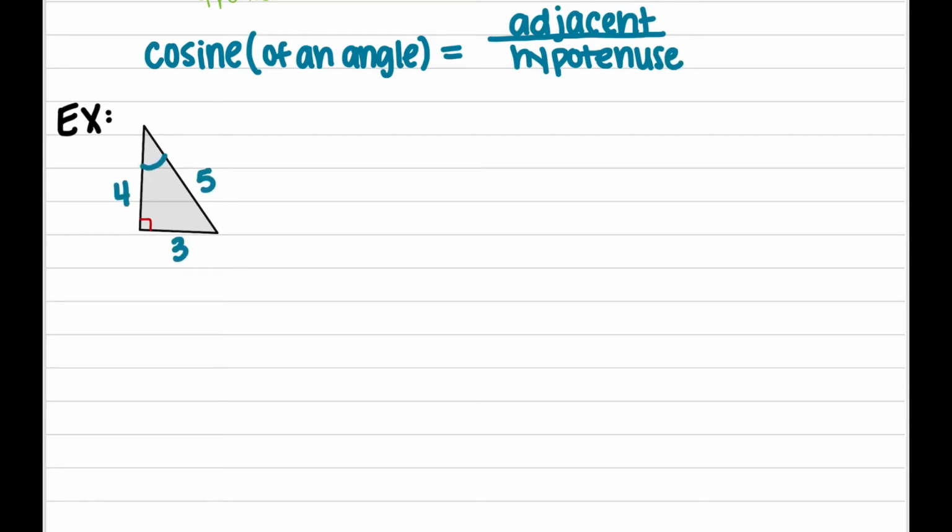This time we are going to find the cosine of the angle that's noted. So again, I'm going to call this angle theta because we don't know what its measure is. And this time we're going to set up the cosine, or the abbreviation is COS, of angle theta is equal to the adjacent side. Now the adjacent side, remember, that's the side that is connected to the angle.